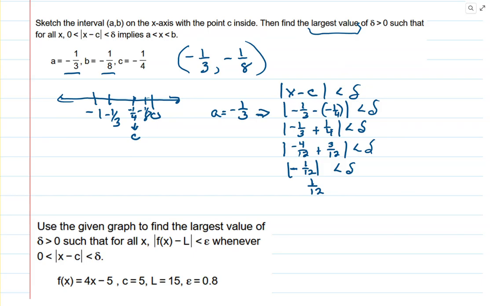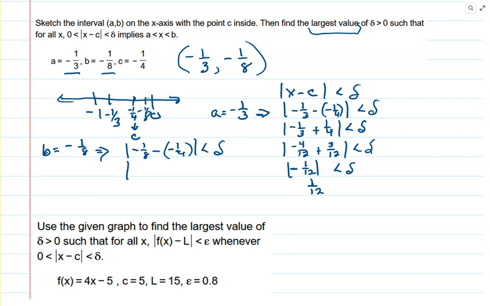Now we need the b. So if b is a negative 1/8, I'm going to have the negative 1/8 minus our c, which is a negative 1/4, has to be less than some delta that we described.